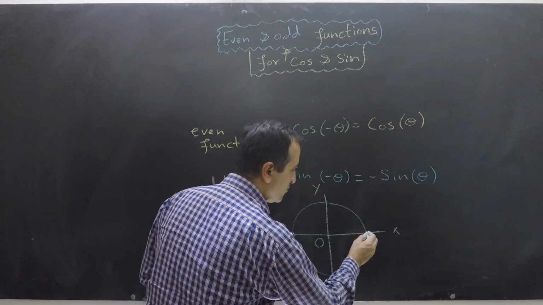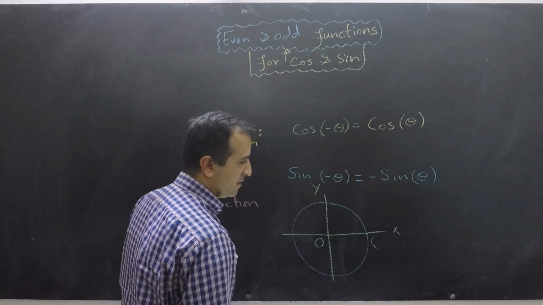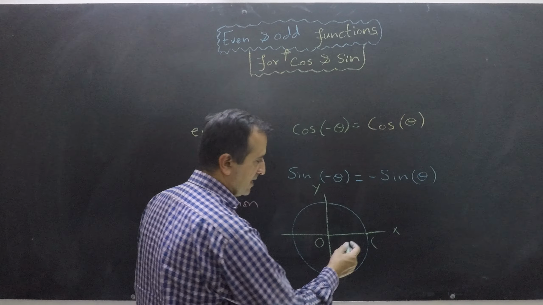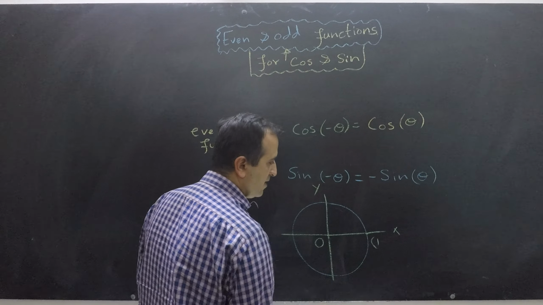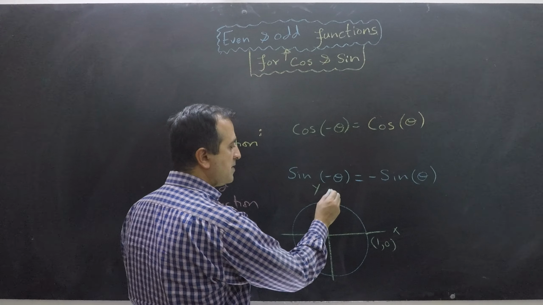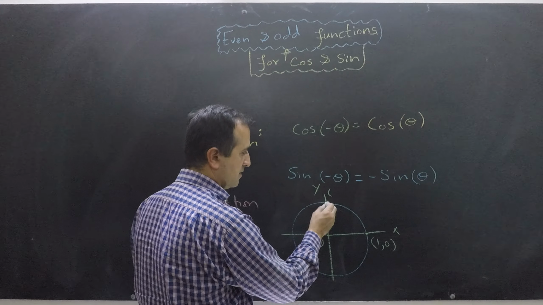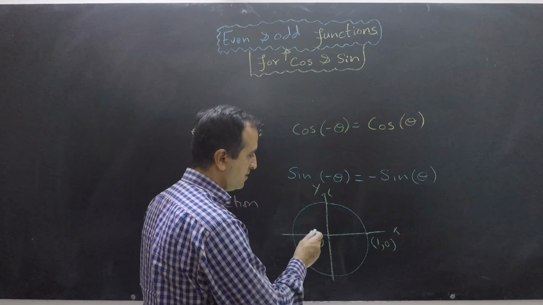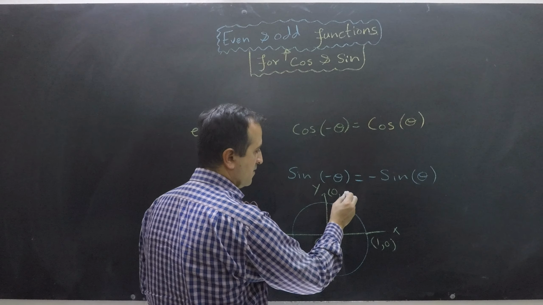What is this point going to be? What is x? 1. And what is y here? 0. Similarly, what will x be for this point? 0, and y is 1.